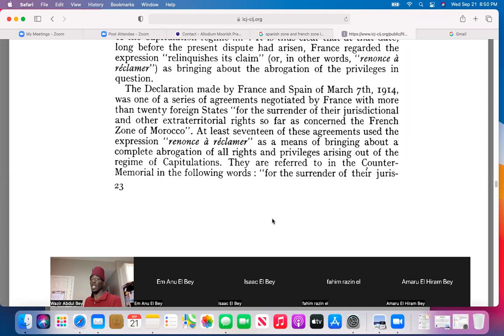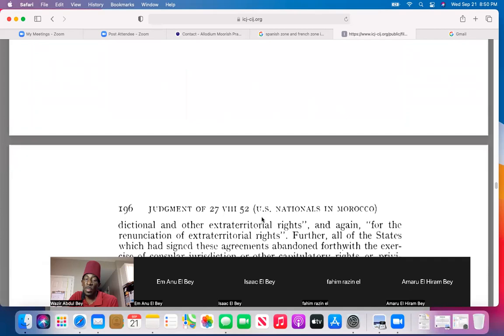At least 17 of these agreements used the expression renoncer à réclamer as a means of bringing about a complete abrogation of all rights and privileges arising out of the regime of capitulations. They are referred to in the counter memorial in the following words: for the surrender of their jurisdictional and other extraterritorial rights.